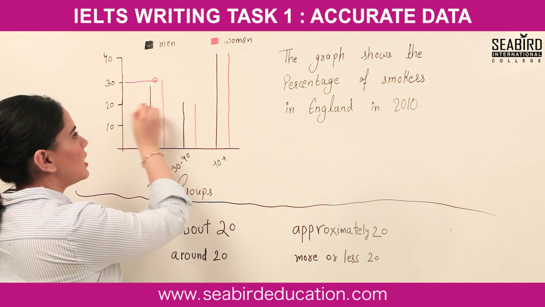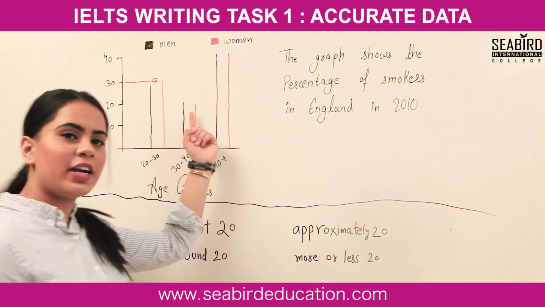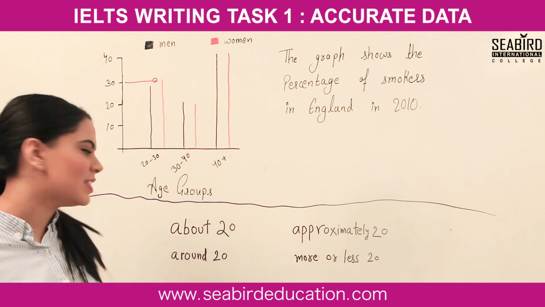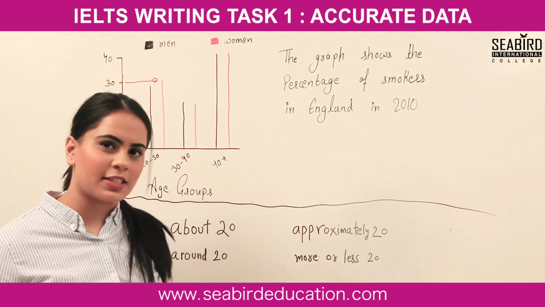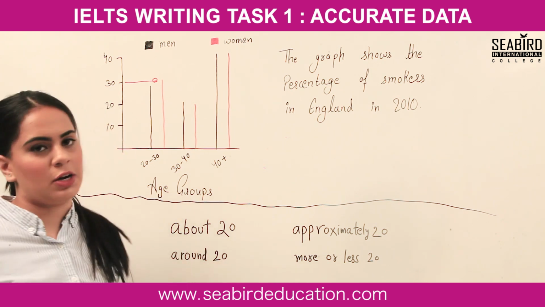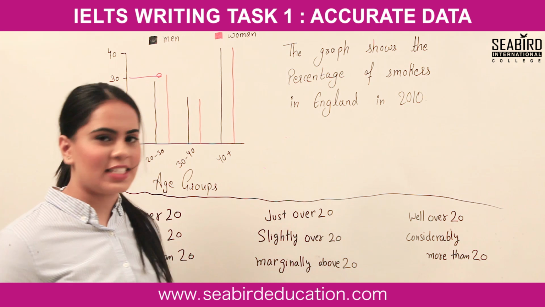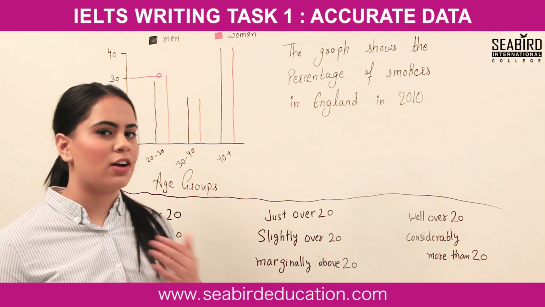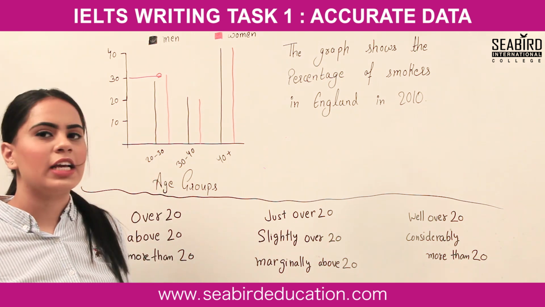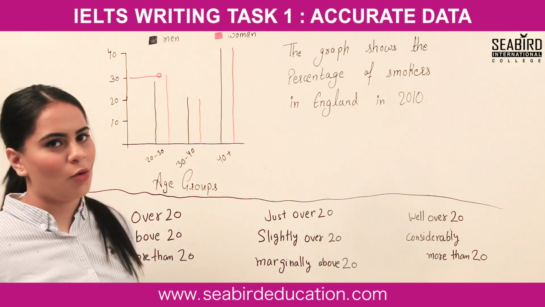Now right here we can see that it is somewhere near 20 but not 20. So we can use the expressions about 20, approximately 20, more or less than 20, or around 20. So we can use these expressions when we know it is a little bit over. So right here in the age group 30 to 40, we know it is slightly over 20.